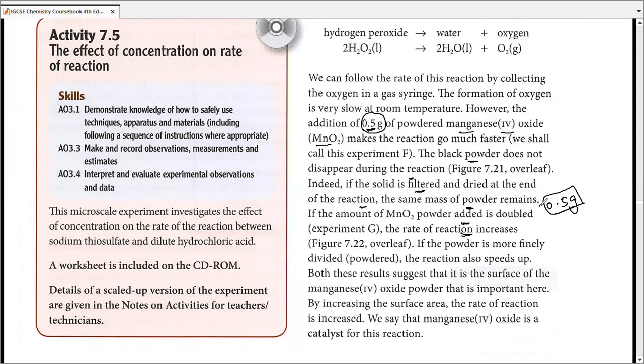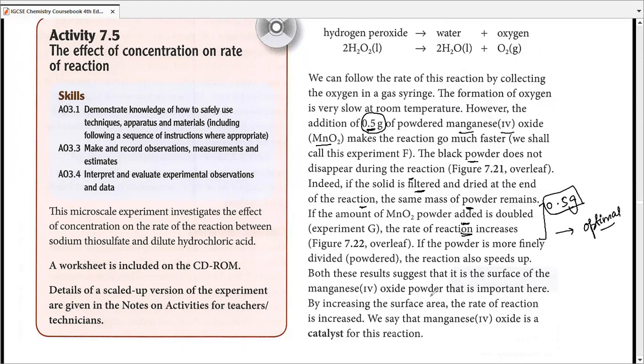But I would definitely say this goes in optimal conditions, which means up to a certain extent, the rate of reaction would increase with the increase in the amount of catalyst. But after that, it would stop. That's why it's optimal. At one point, the increase in the amount of the catalyst will not increase the rate of reaction. And at that point, you shouldn't be using any more catalyst because it won't bring a difference.